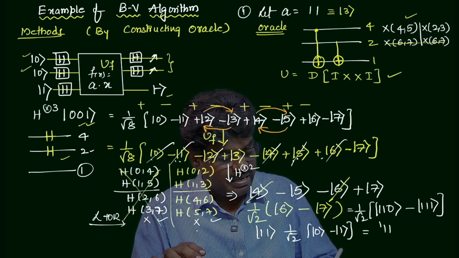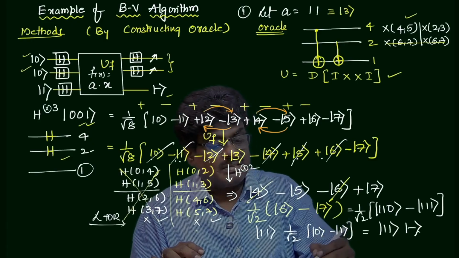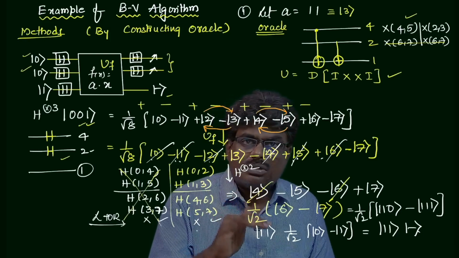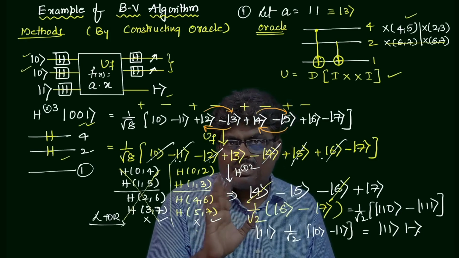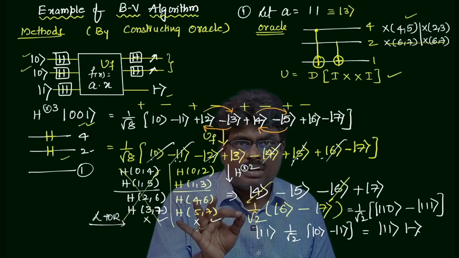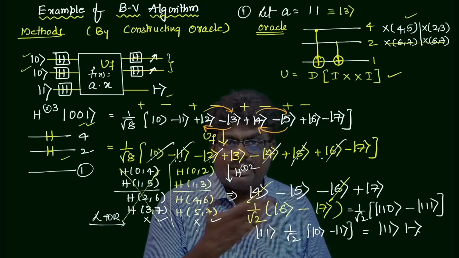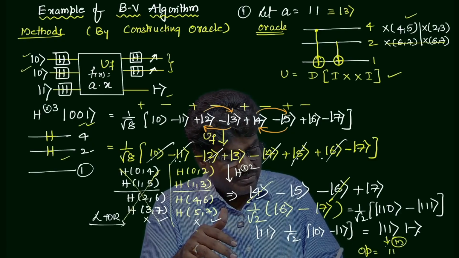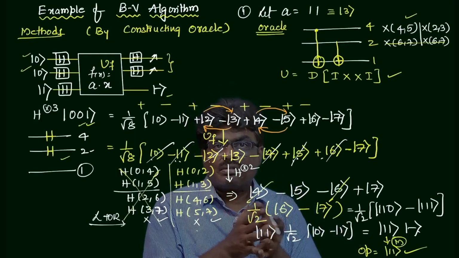This is nothing but 1 1 minus. For solving purposes only I used the decimal notation. After that again I can convert into binary. So once you make the measurement here, you will get the output equal to 1 1. This is what we need.